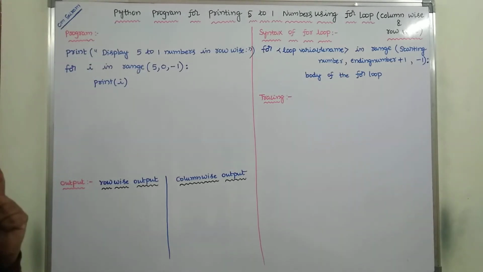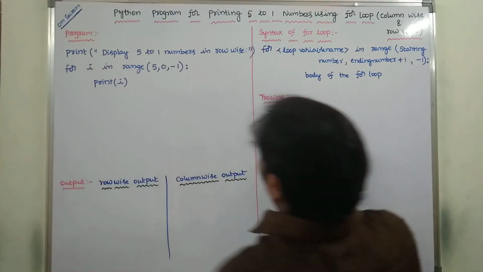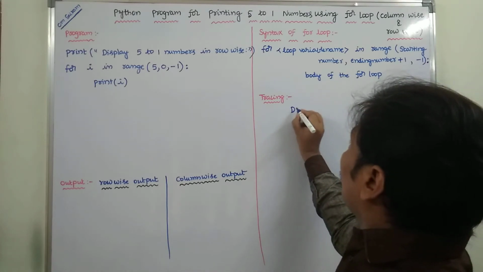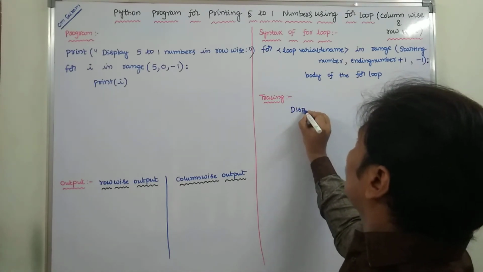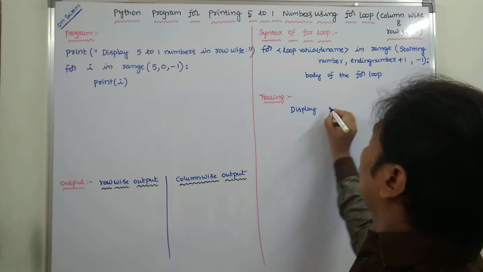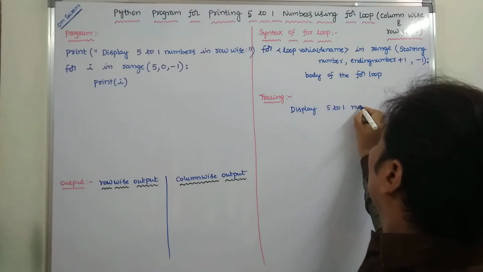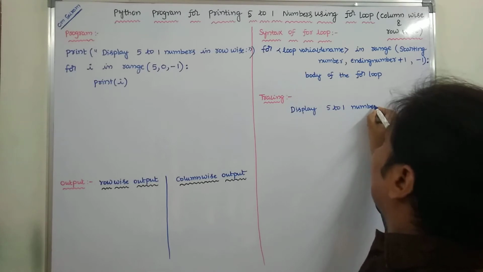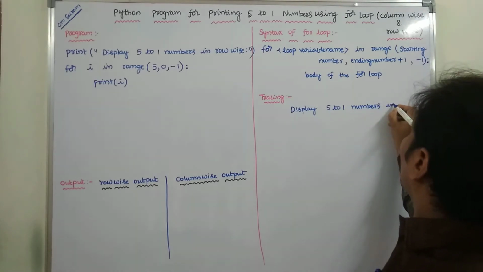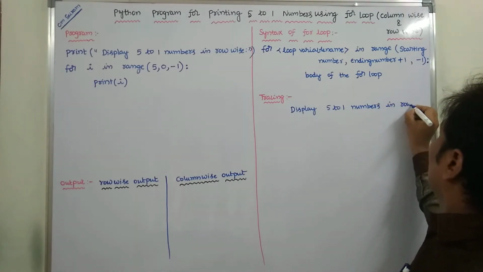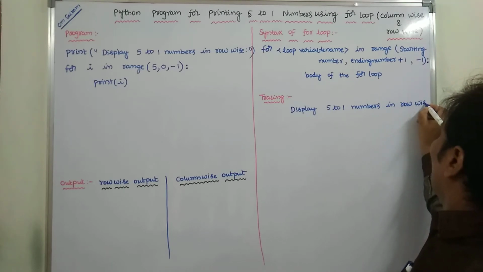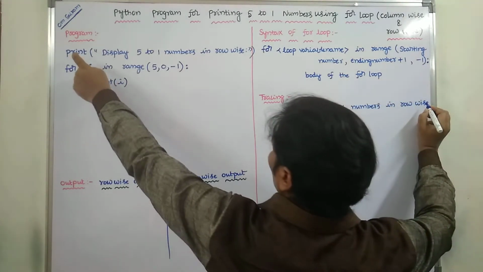Okay, next, tracing. First statement, display 5 to 1 numbers in row wise. So this statement is displayed by using print.